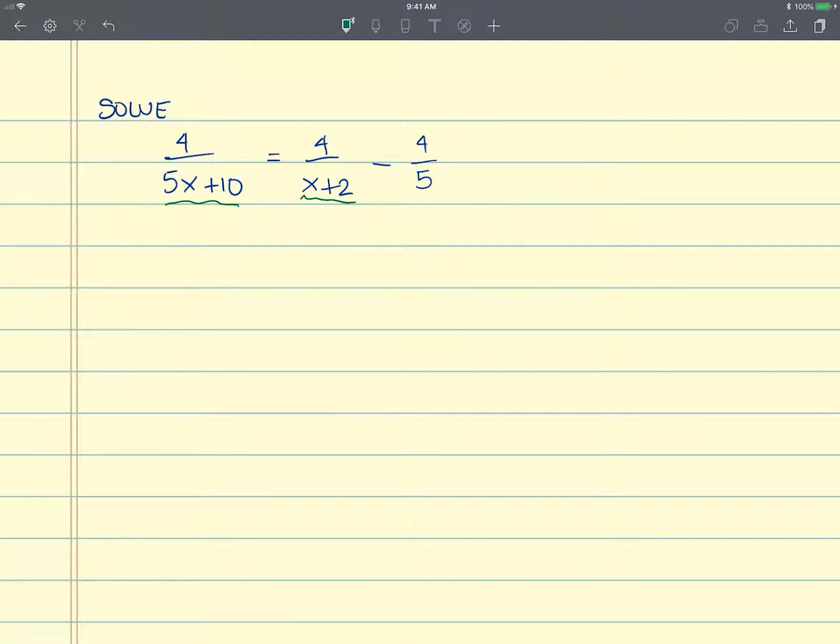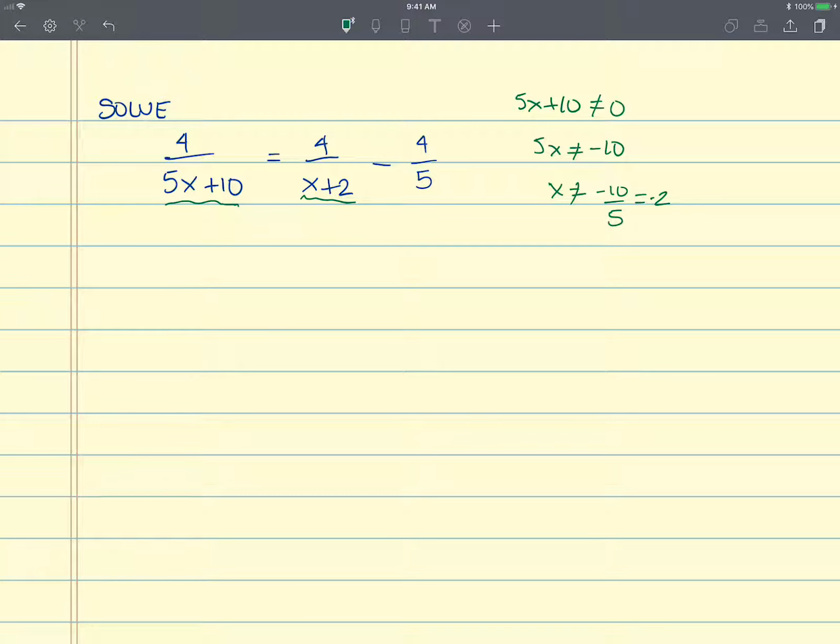The other thing to notice first is that this equation is not defined if these denominators are 0. So this cannot be 0, which means that 5x cannot be negative 10, so x cannot be negative 2, right? Negative 10 divided by 5.